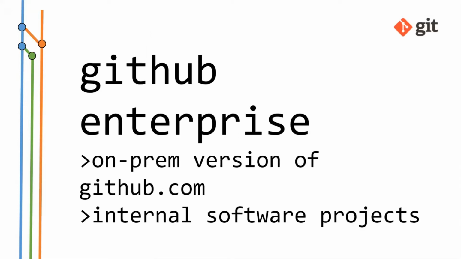Now, in your organization, you might have something called GitHub Enterprise, which is an on-premise version of github.com, which can be used for internal software projects. One of the things with github.com is that by default, the repositories are public, so anyone can look at them.